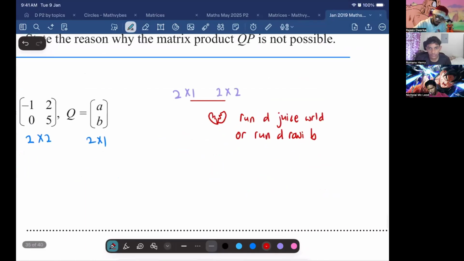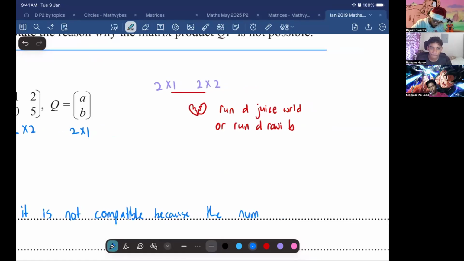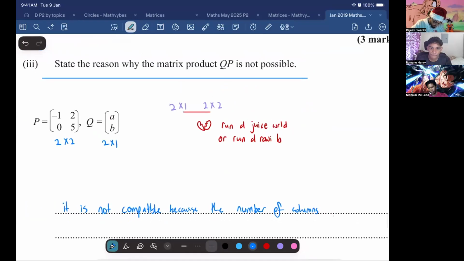And when you're writing the statement, you will have to say it is not compatible because the number of, would this be the number for the row or the column? The column. Yeah, right. So you would say it is not compatible because the number of columns for Q is not the same as the number of rows for P.